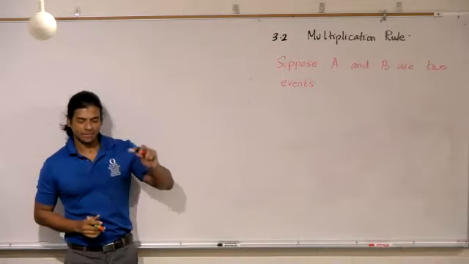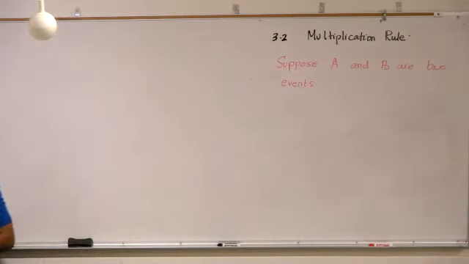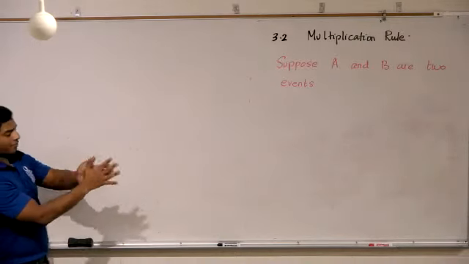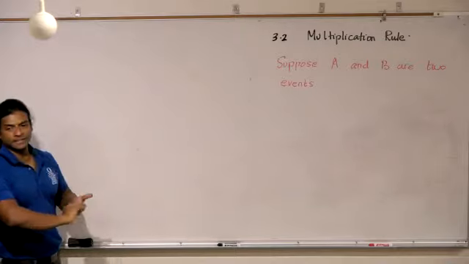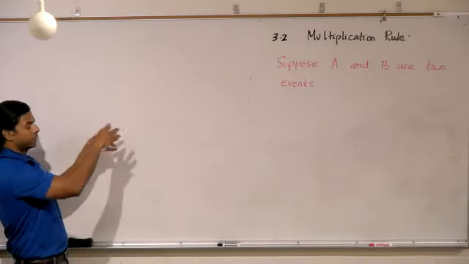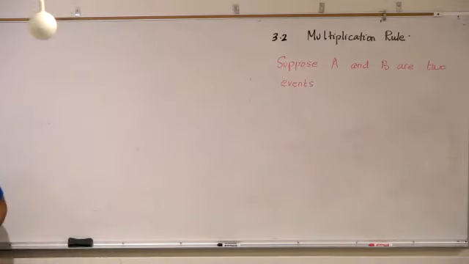Let's say A and B are 2 events. The multiplication rule pretty much is an extension of the fundamental rule of counting. We're just moving from the number of ways to probability. That's all.